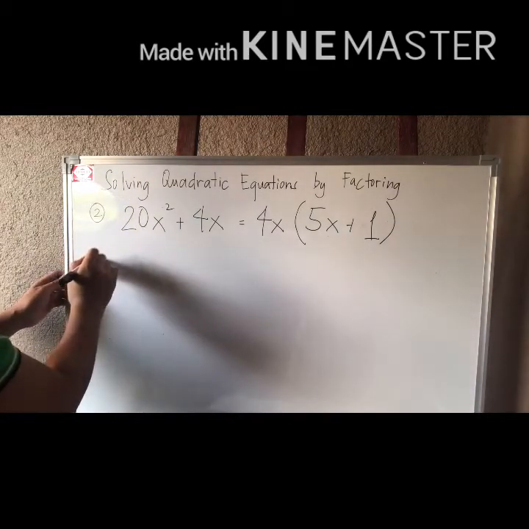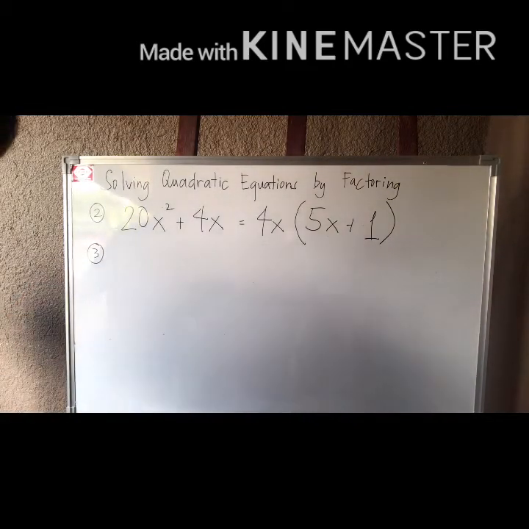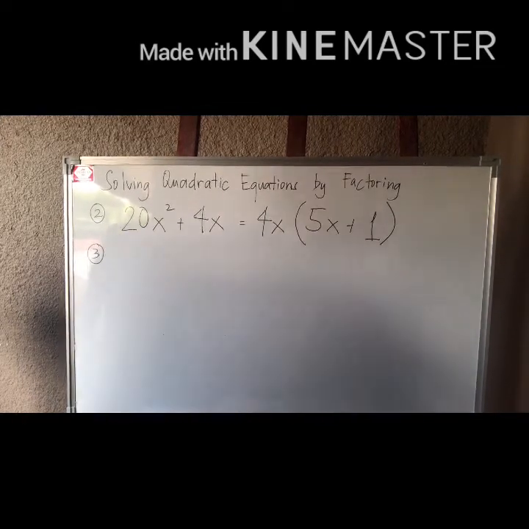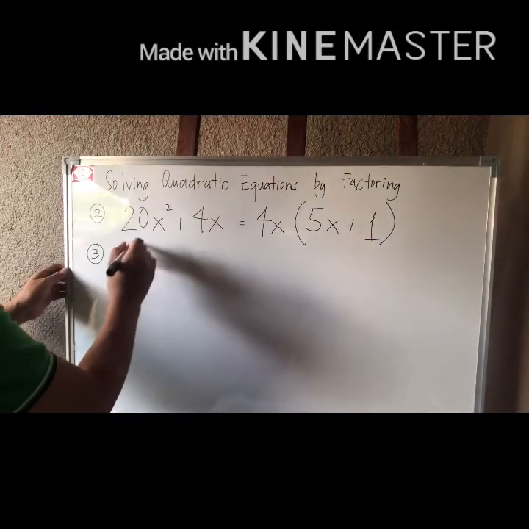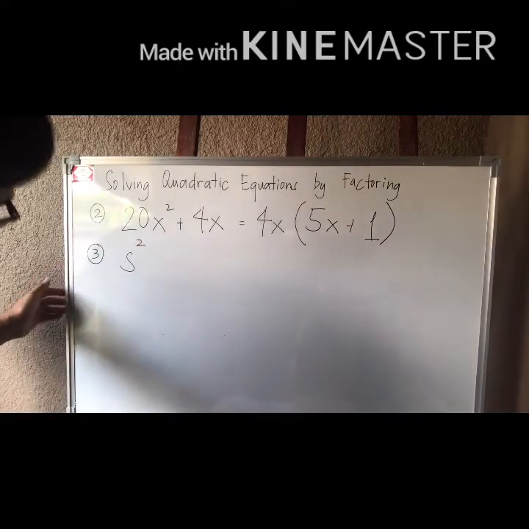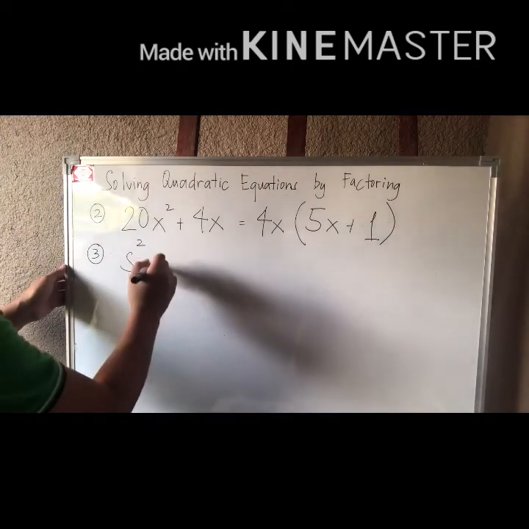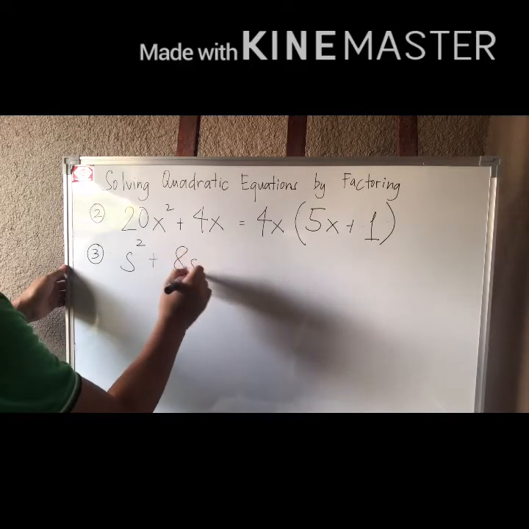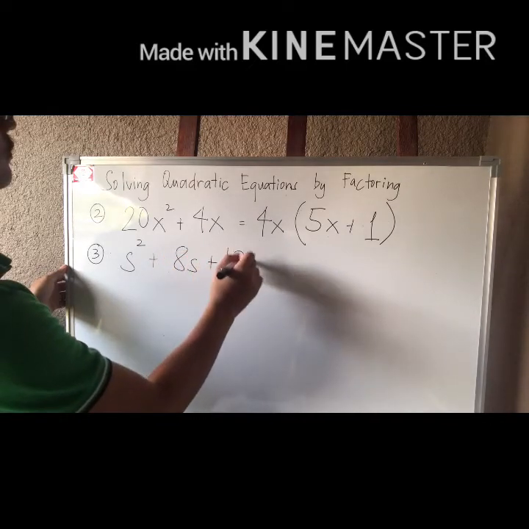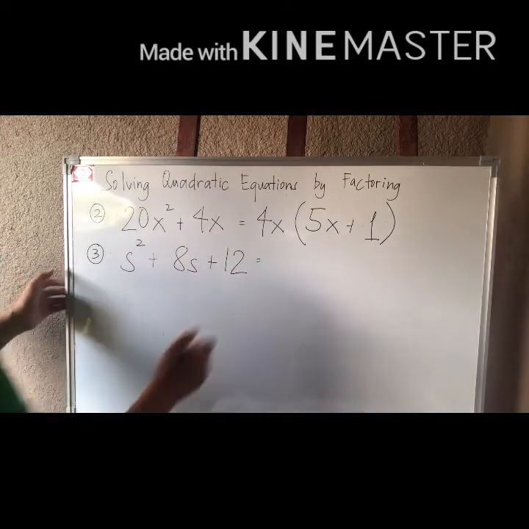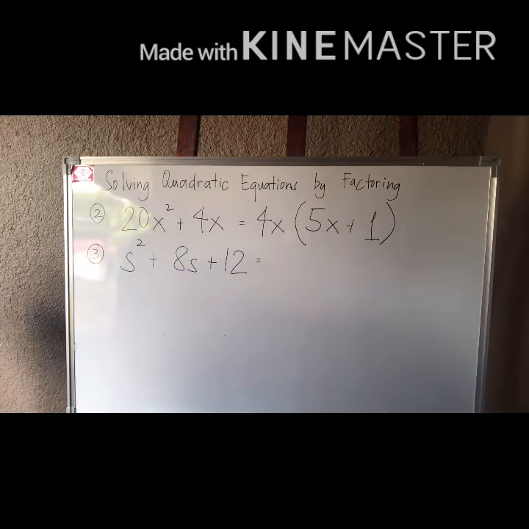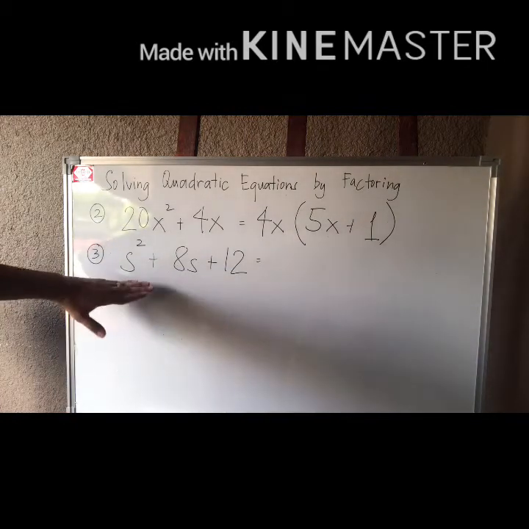Third example. And let's say we have s squared plus 8s plus 12. So you will notice here in our third example, we have 3 terms.